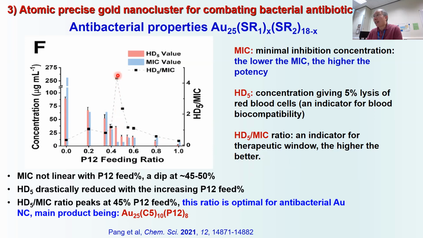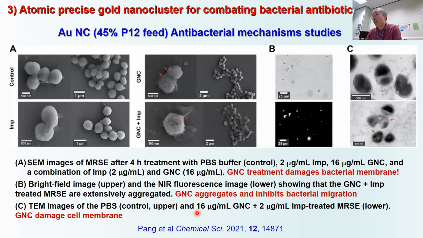What we have found is that this ratio is the best when we have 45% of the P12 feeding. This gives us the optimum main product, where each gold cluster contains about 10 C5 and 8 P12 ligands. So in this case, we can have the optimum antibacterial potency and also good biocompatibility.